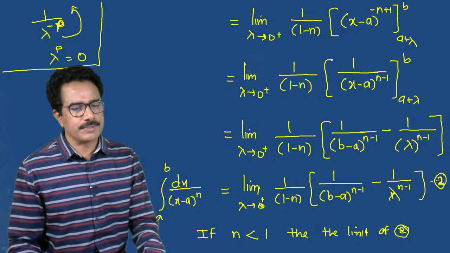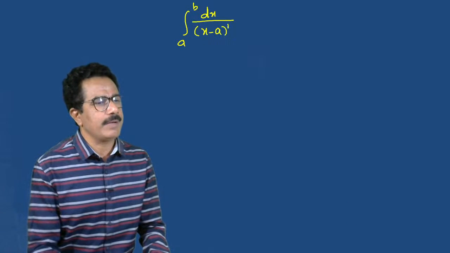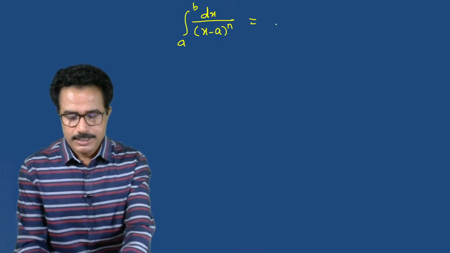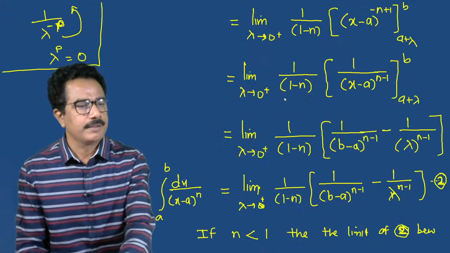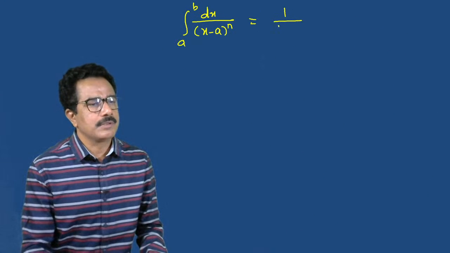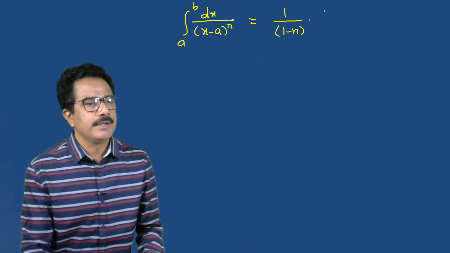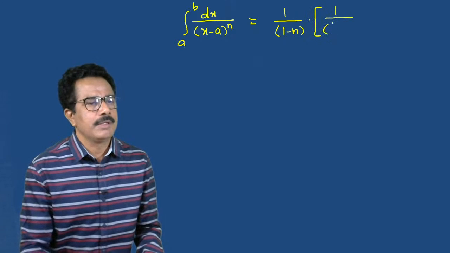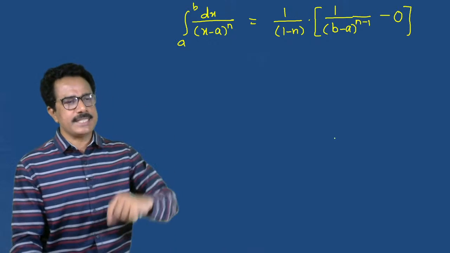of 2 becomes, we can write the integral from a to b dx divided by x minus a bracket raised to n, which is equal to, the second factor becomes 0, so we get 1 upon 1 minus n into the first term as it is, 1 upon b minus a raised to n minus 1, minus 0 if n is less than 1.